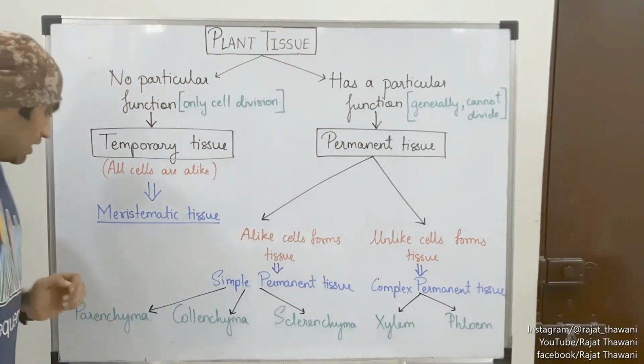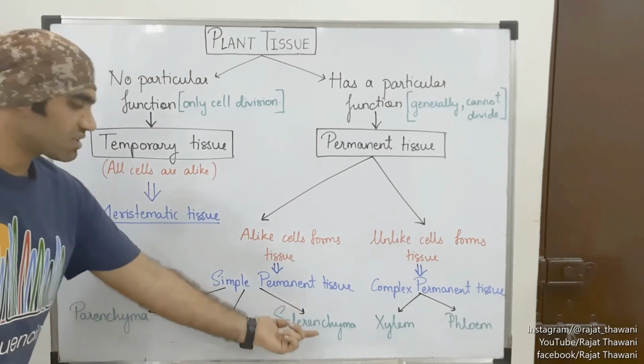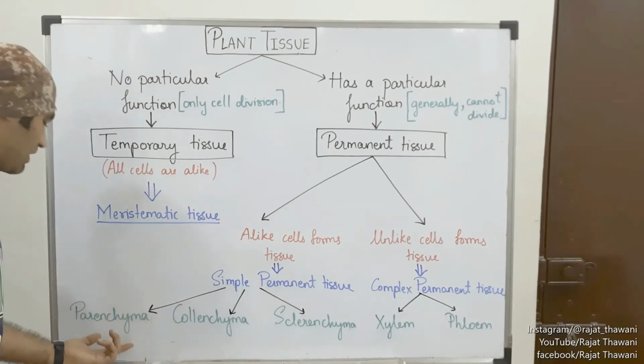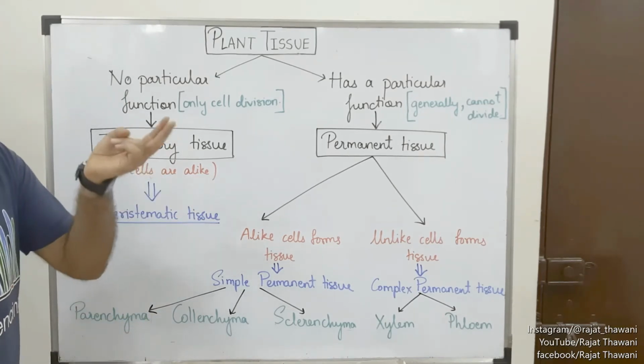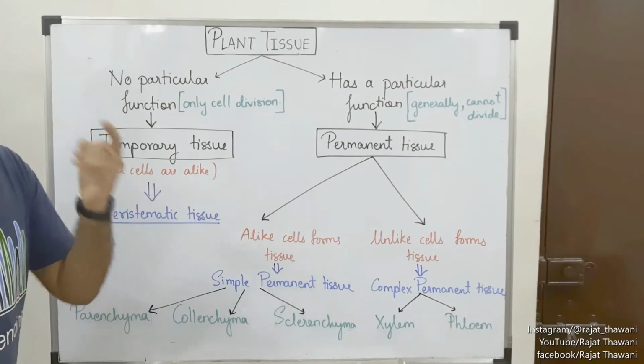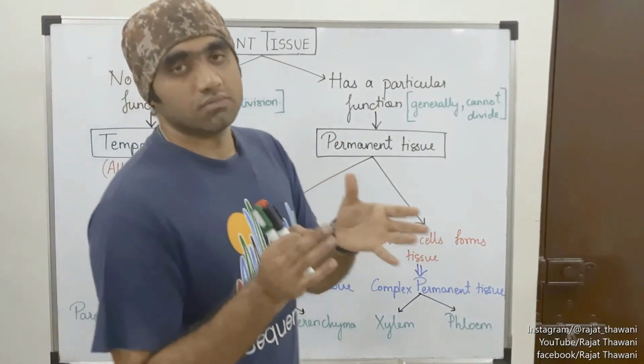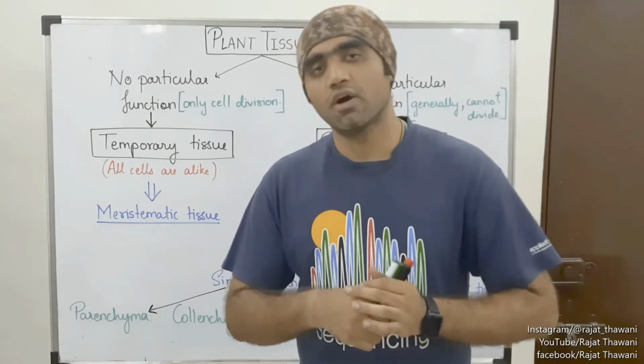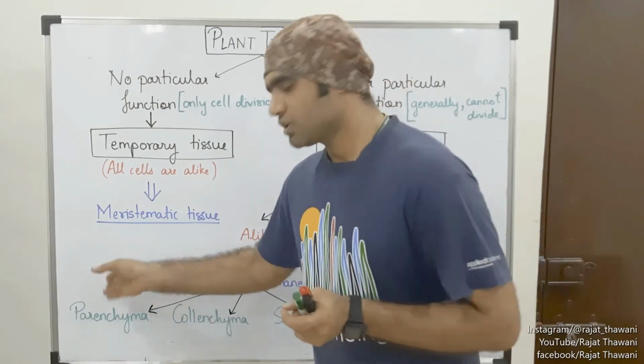However, if I talk about this parenchyma, collenchyma, sclerenchyma, they are further also divided. I'm not going to discuss about them right now, but just know that parenchyma is divided into chlorenchyma, arenchyma, prosenchyma, depending on their function. Because depending on their function, the components present inside them is different, and according to that components, their function varies.